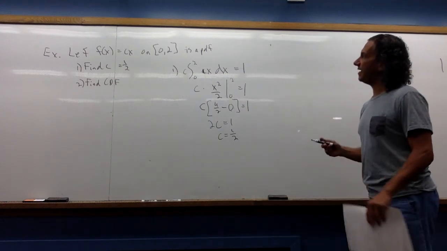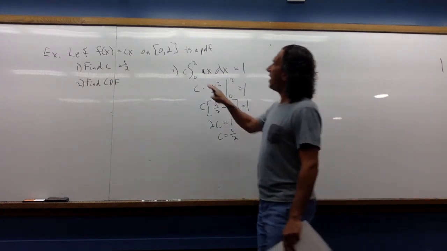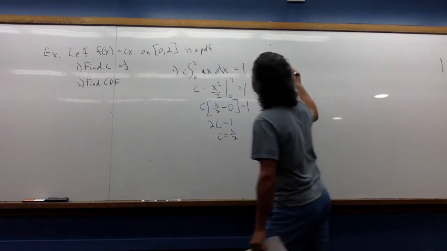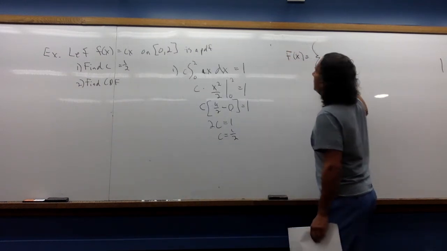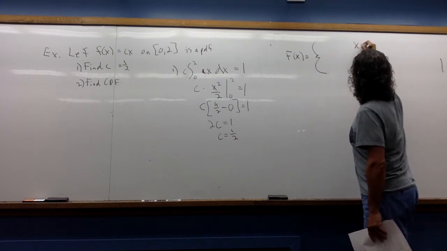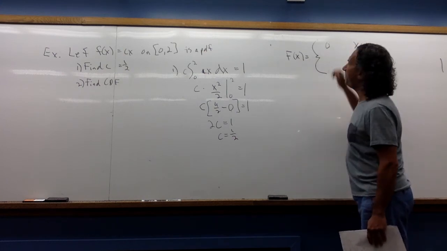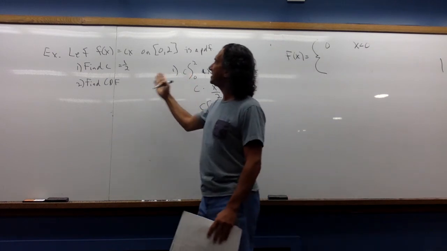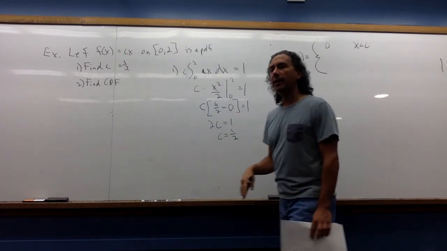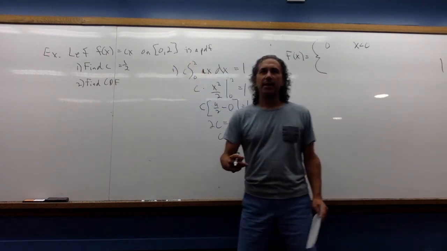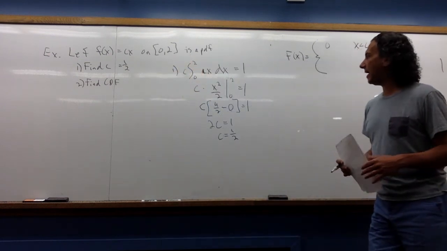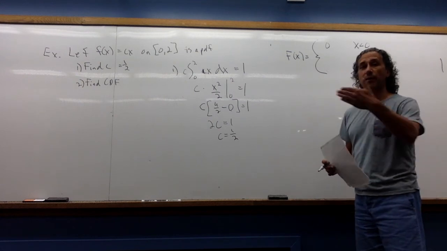Let's come up with the CDF now. Well, we have three scenarios. If x is less than 0, well, the probability of being a number less than 0 is going to be 0. Again, one way to think about it is this is our entire sample space. Another way to think about it is that my PDF values are going to be 0 outside of that.